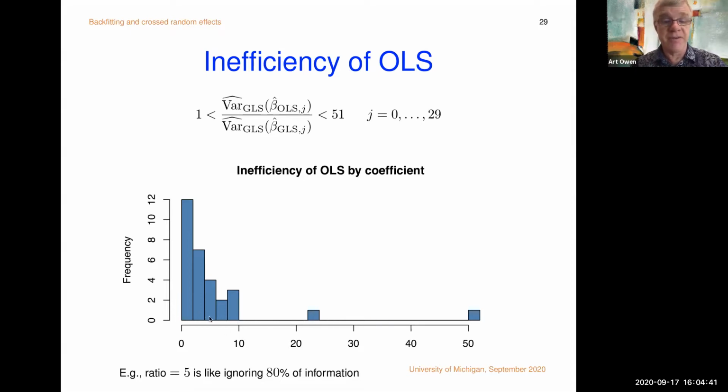Let's zoom in on 5. If your variance ratio is 5, so you get 5 times the variance you should have, it's like you just ignored 80% of the information in the data. And of course, 10 would be like ignoring 90% of the information. And 50, well, who knows? Don't do that. Okay, so OLS really comes out to be meaningfully inefficient on this data.